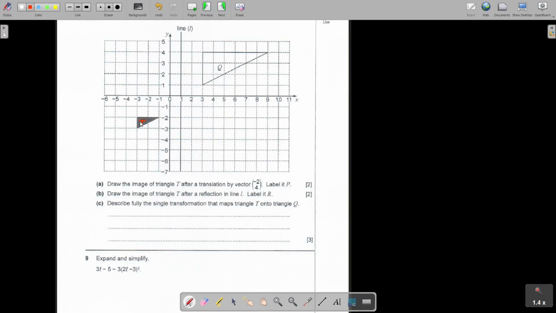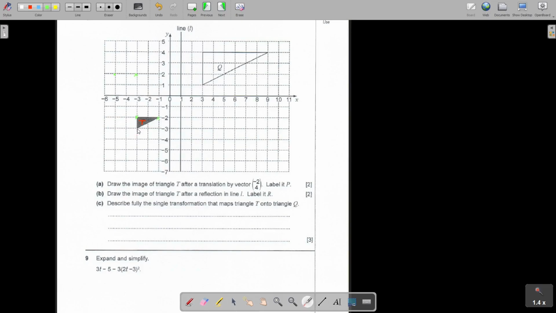So I'm just going to start marking, it's -2. Take a point, let's just take this point. And I go 1, 2, so it's -2, and then 1, 2, 3, 4. Then I do it with this point, 1, 2, then 1, 2, 3, 4. And I just want to show you with this one.